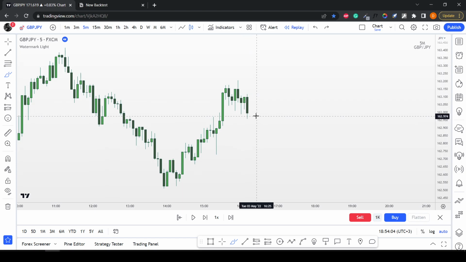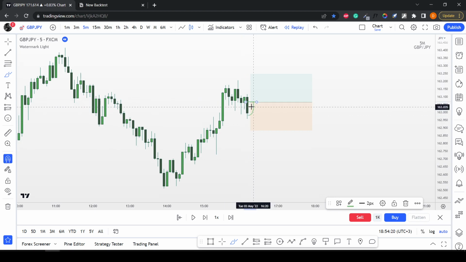So if the market goes above this point, this is a buy stop and this is a fractal fakey pattern. As you can see, we have a candle, now this candle goes below, and now if the price goes above this one, this is a fractal fakey pattern.